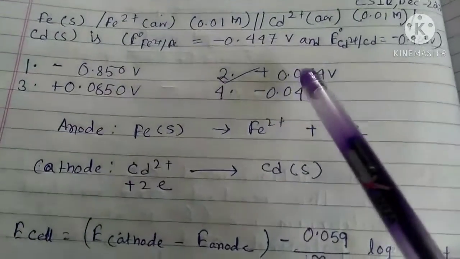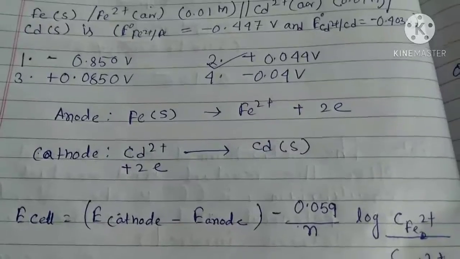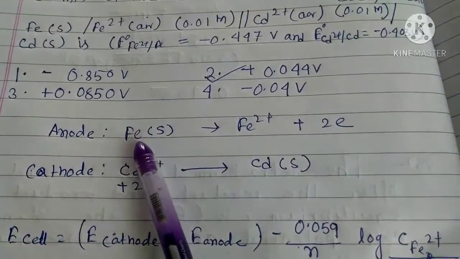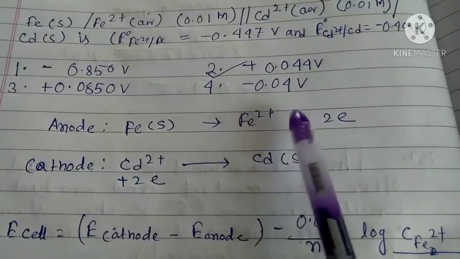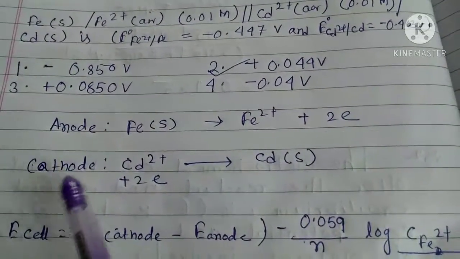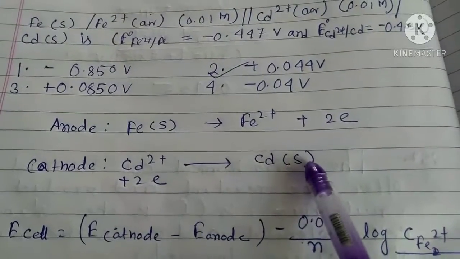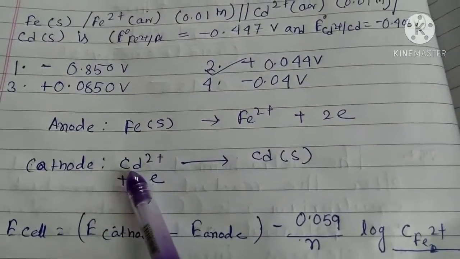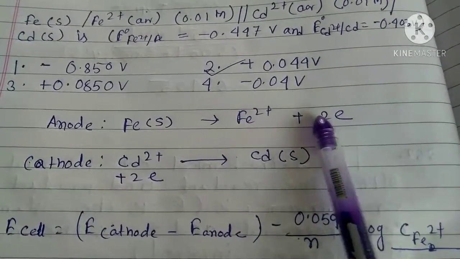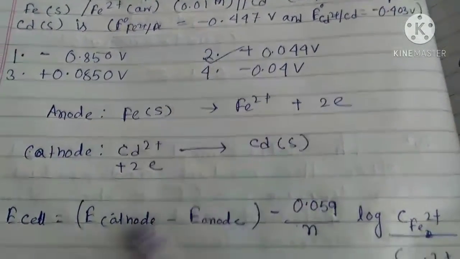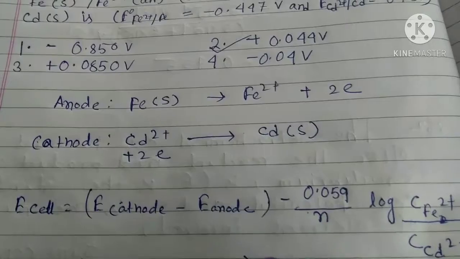Four options are there. Now for the anode reaction, what happens? Fe solid is converted into Fe2+ ion by releasing electrons, and in the cathode Cd2+ ion is converted into Cd solid by accepting electrons. You have to put the Nernst equation.